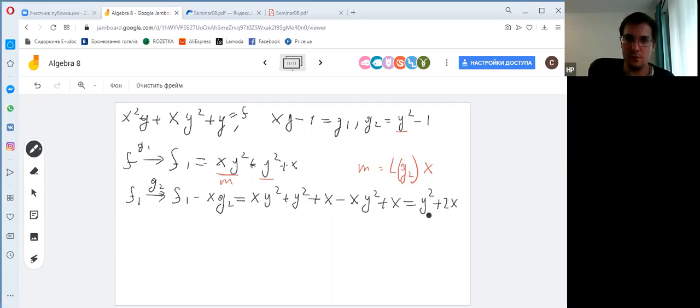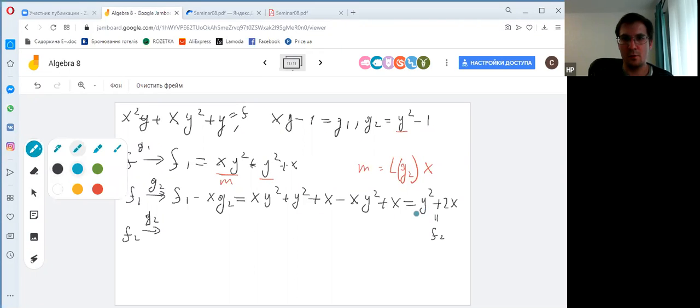And then this is f2, and we can't reduce f2 by g1. We can reduce only by g2, because this is the term which is divisible by y squared.